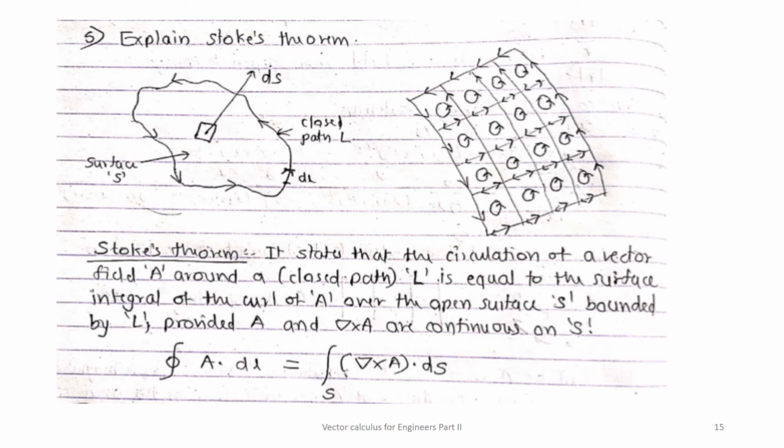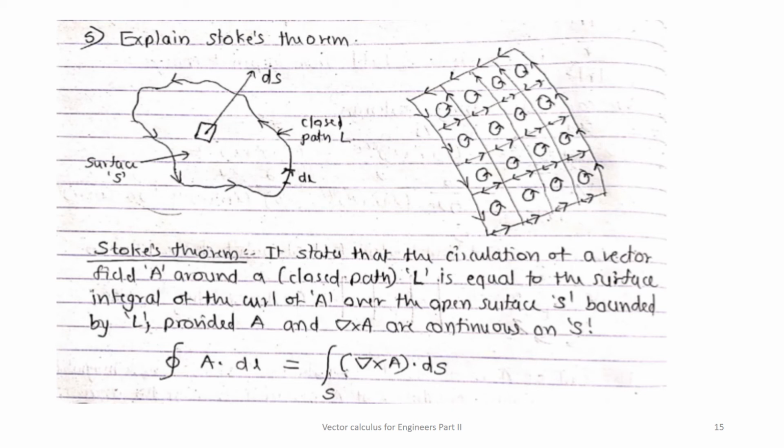Because of the closed path L there is A dot dl, that is the line integral, and second, because of the closed path there is a surface, and hence curl of A dot ds. So both curl and divergence are used here, and Stokes theorem is defined.